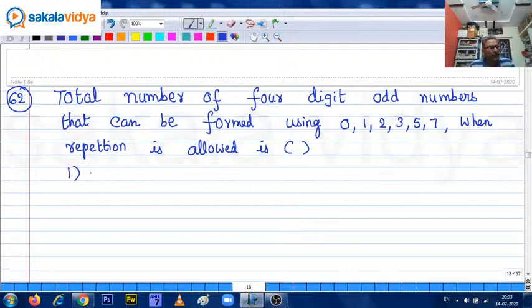The first one is 216, second one 375, third one 400, fourth one 720.